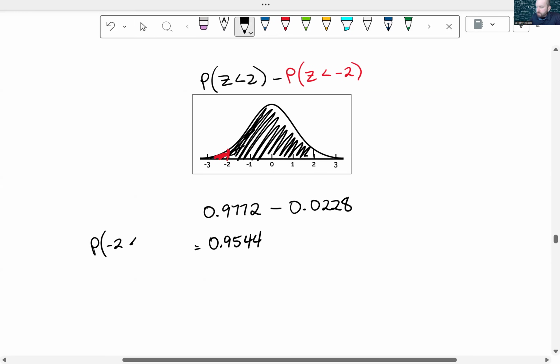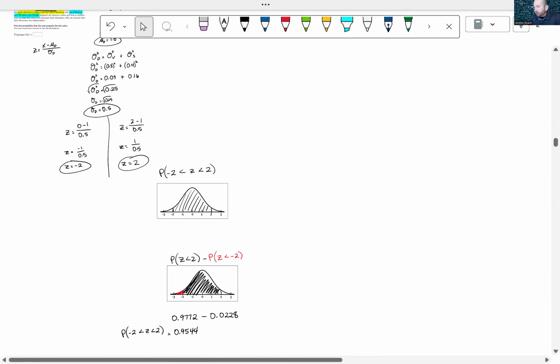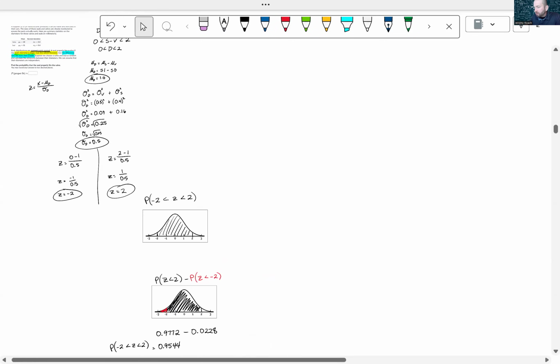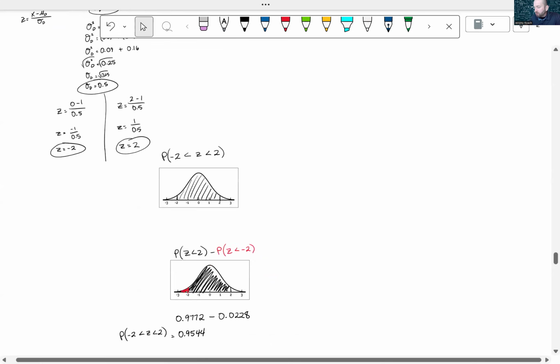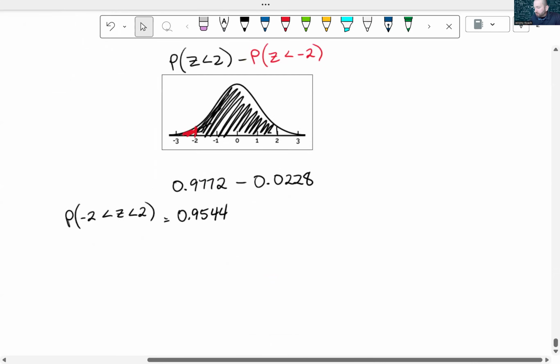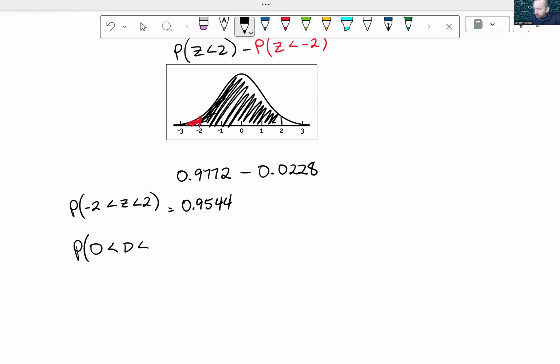Okay, and this is the probability that z is between negative 2 and 2, which, let's go back up here and make sure our constraints are the same, is the same thing as the difference D being between 0 and 2. So we can also write it like this, that the difference is between 0 and 2.